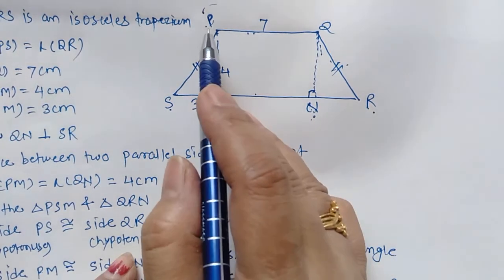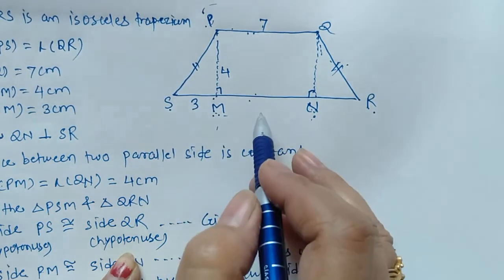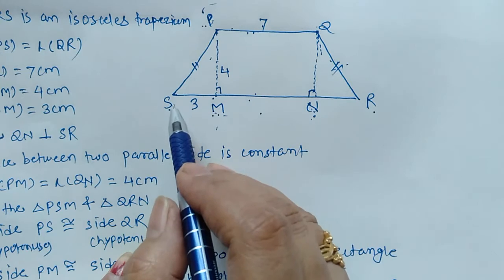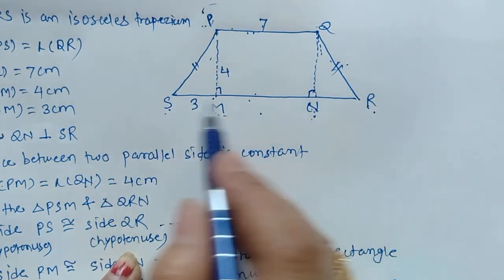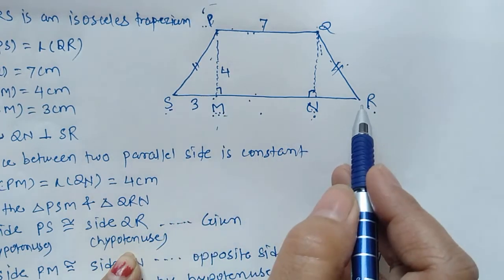To calculate the area of a trapezium, we need the length of parallel sides. Now we know the length of PQ, and to calculate the length of SR, we know the value of SM, MN and NR.